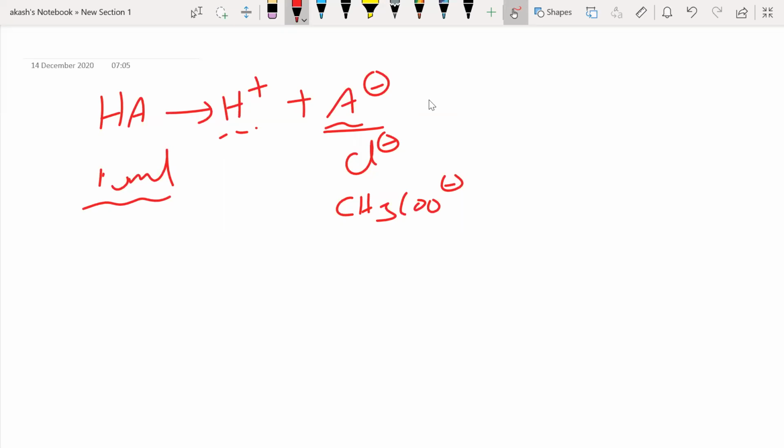But in the case of CH3COOH, if I had 10 ml initially, I am going to get only, say, 5 ml here. I'm just telling you approximately, right? It depends.